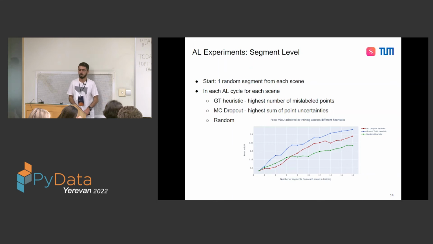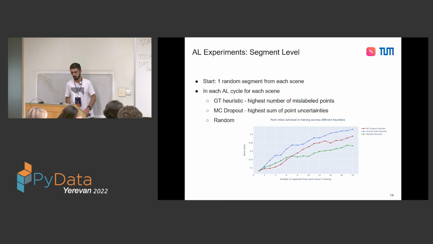Then MC dropout takes the sum of uncertainties in these segments, and the segments with the highest uncertainty get chosen. And random just selects segments randomly.